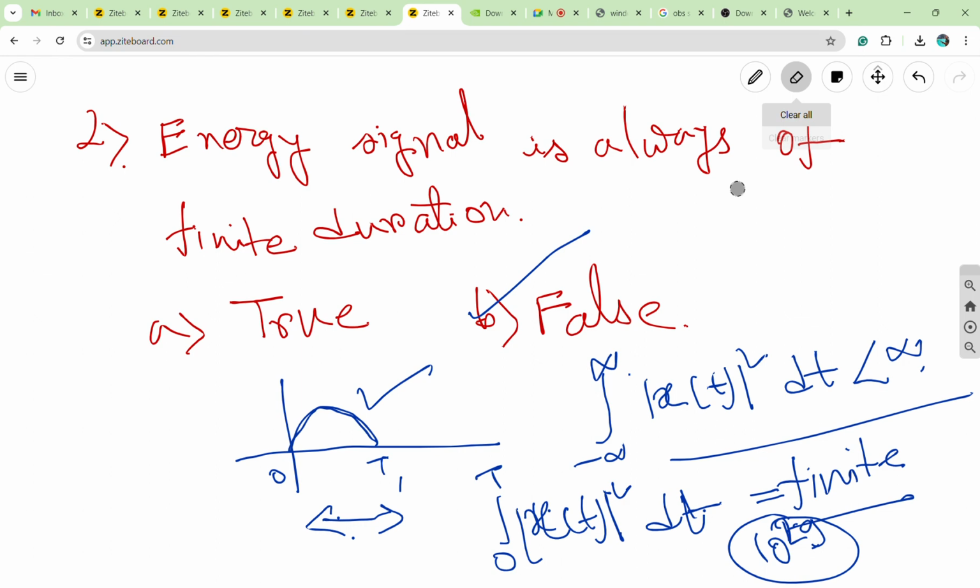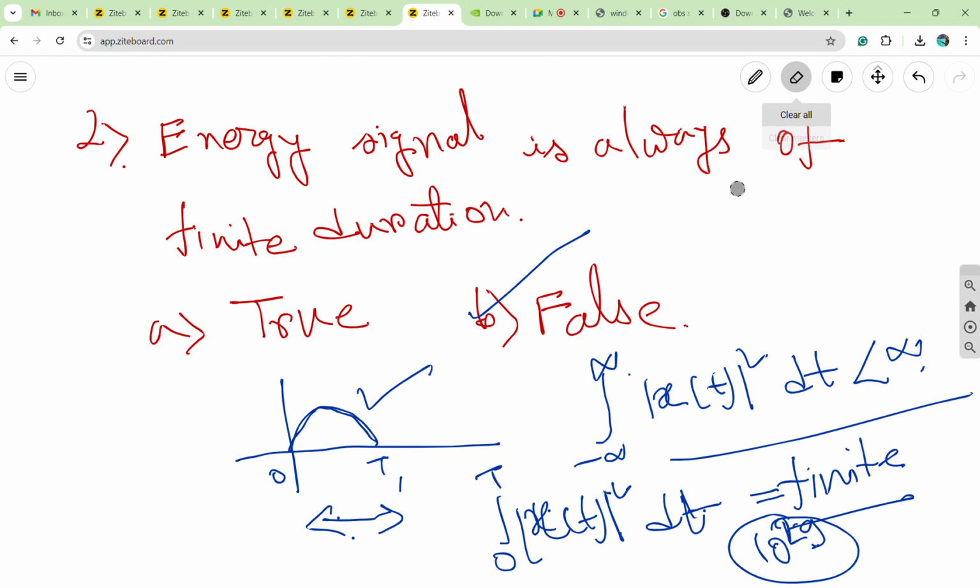If it does not go to zero at infinity, then at infinity it just adds up, and we don't have any idea about infinity. Infinity can be double infinity, triple infinity, and it goes beyond. If it keeps adding up, the signal's energy also keeps adding up. So this is not an energy signal.